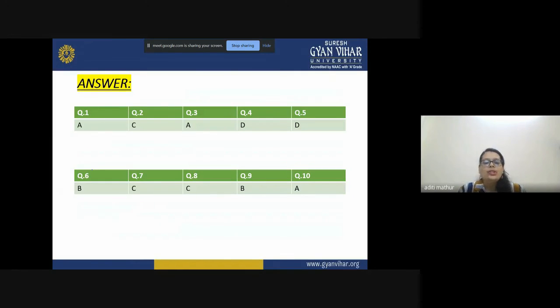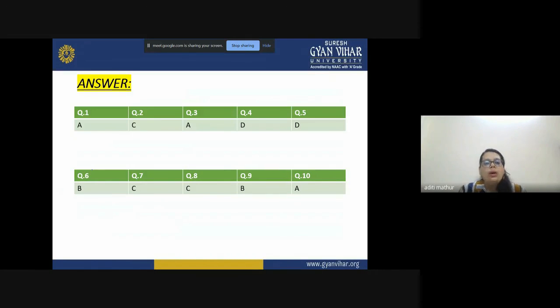The correct answer for question number 1 was option A. For question 2, it's option C. For question 3, it's option A. The correct answer for question number 4 and 5 is option D. For question number 6, the correct answer is B. For question number 7, it's C. For question number 8 also, the correct answer was option C. For question number 9, the correct option was option B. And for question number 10, the correct option is option A.